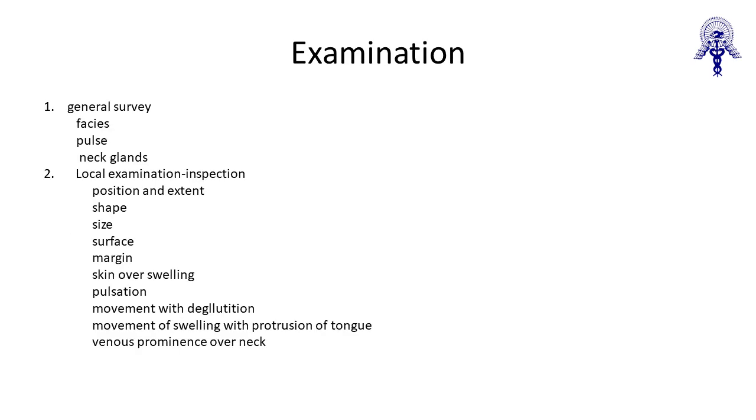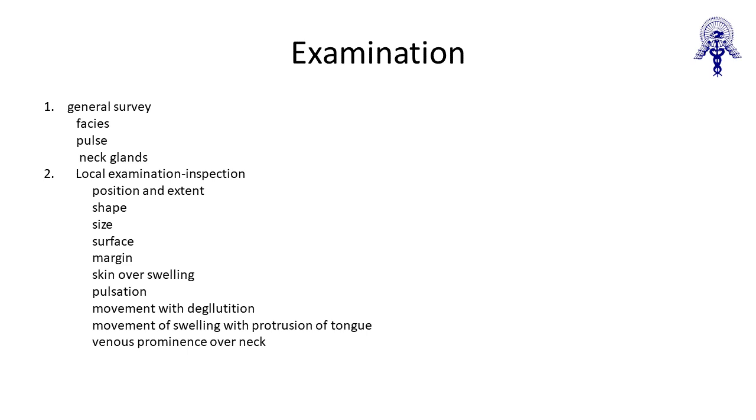And examinations. During general survey, we will particularly give importance to the face, the pulse and the neck glands. Neck glands we also examine during the examination of the swellings. The local examination has 4 parts: inspection, palpation, percussion and auscultation. These are the 4 main ways of examining a patient. All should be done in case of thyroid swellings.